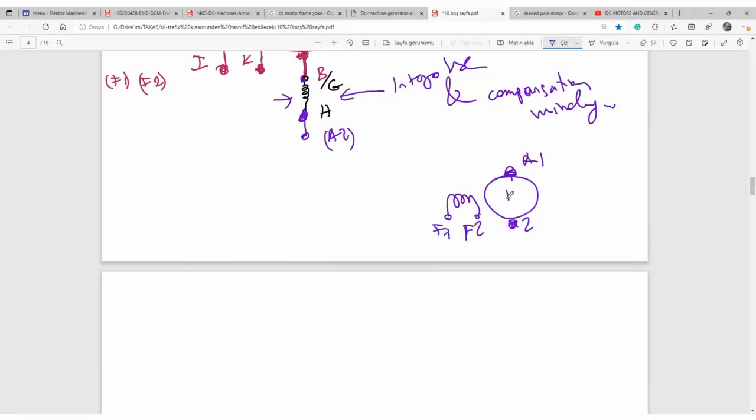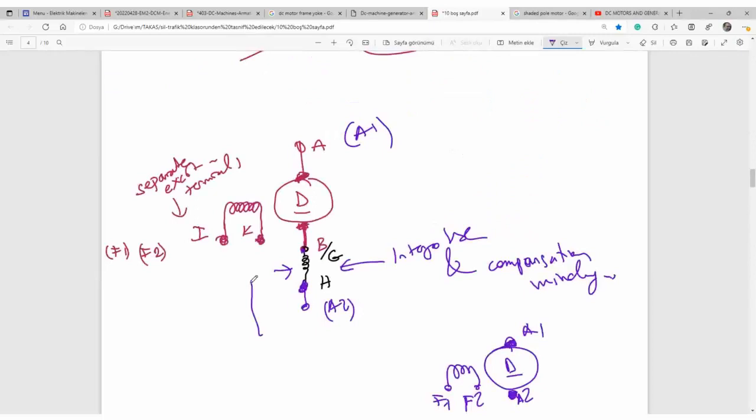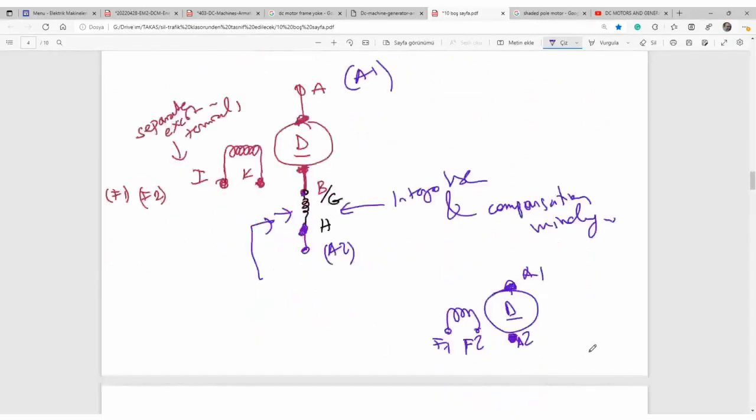Here is the dynamo, armature coils, and those precautions are added into the armature. That is the general case. There is armature compensation and interpoles inside the system, under the terminal.